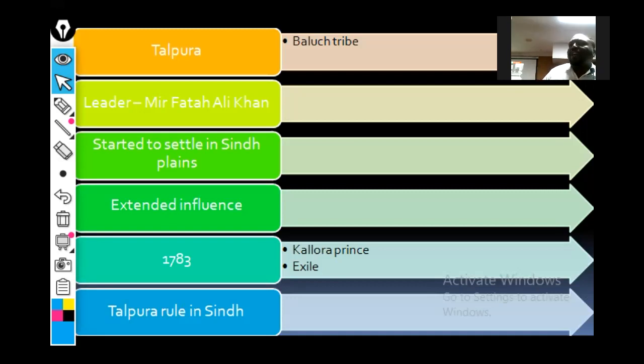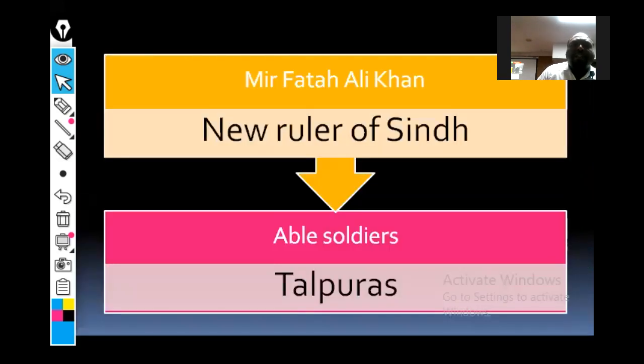Who are the Talpuras? The Baluchi tribes who lived in hilly tracts came and settled down, and claimed the plain area of Sindh. Once the Baluchi tribe came, slowly they started to grow in stature. Mir Fateh Ali Khan consolidated, and they were very able soldiers.